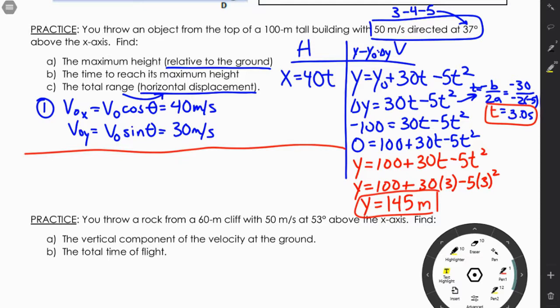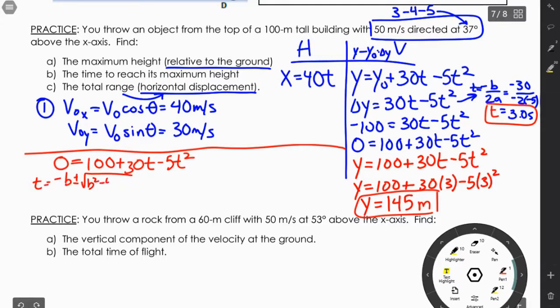So for the total range, I need to determine the total time. That's what I'm going to use: 0 equals 100 plus 30t minus 5t squared. Again, basically I'm just finding the root. So t equals negative b plus or minus the square root of b squared minus 4ac, divided by 2a.